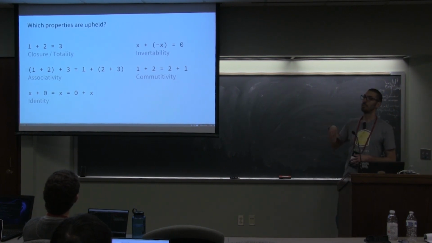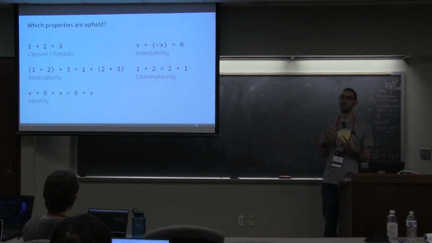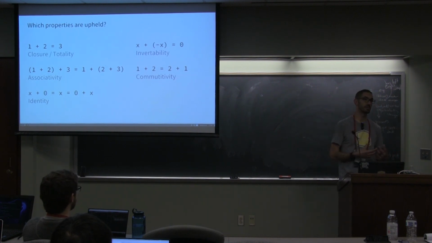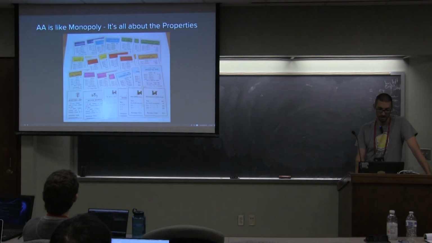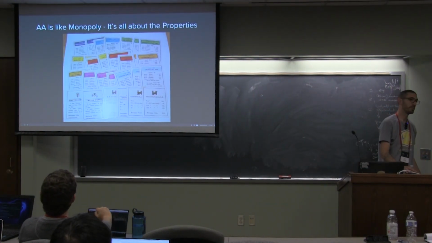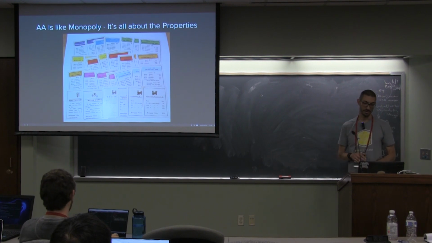So these are some of the different properties that are going to define what types of algebraic structures that we actually have. And once again, this is all our bottom-up stuff. So this is kind of motivating what we're going to talk about, okay? So said another way, AA is like Monopoly. It's all about the properties, okay? That's what we need to focus on, is which properties are we upholding.